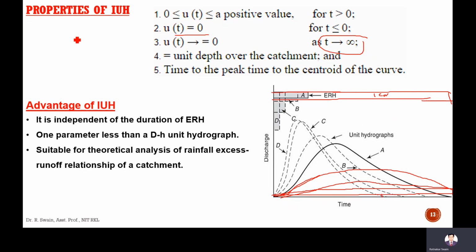For an infinite period, the value of this peak discharge is considered as 0.